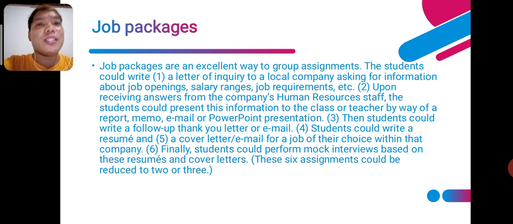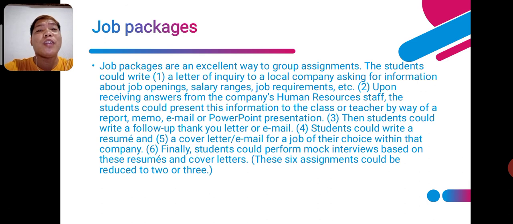Job packages. Job packages are an excellent way to group assignments. Okay. The students could write a letter of inquiry to a local company asking for information about job openings, salary ranges, job requirements. We have discussed this earlier. Upon receiving answers from the company's human resources staff, the students could present this information to the class or teacher by way of report, memo, email, or PowerPoint presentation.